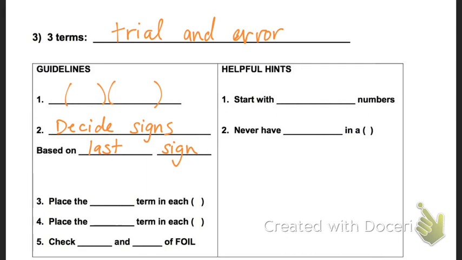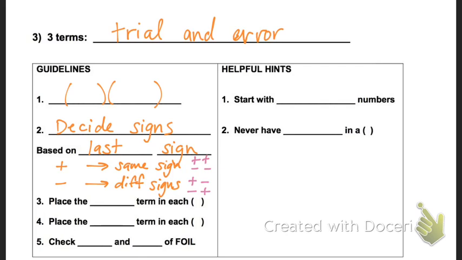If the last sign is a positive, a plus, then you're going to have the same signs in your parentheses. And if it's a minus, then you're going to have different signs. Same signs meaning plus plus or minus minus. If you have different signs, it could be plus minus or minus plus. So that's what you'll decide.